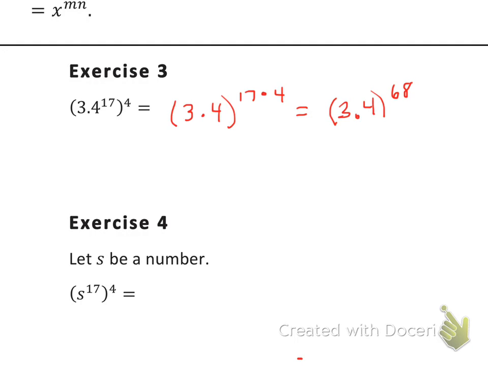Now take a look at exercise number 4. You have s to the 17th raised to the 4th power. The rule for that would then be s to the 17 times 4, which is equal to s to the 68th power.